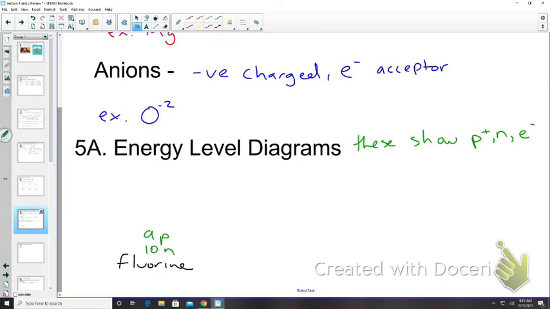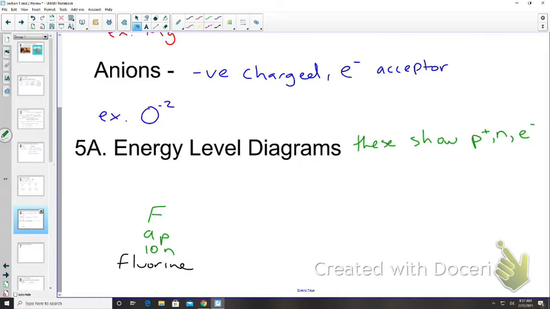And I don't care what order you guys do these in. Whether you do protons first or neutrons first, it doesn't matter. Okay, then we're going to have our symbol of F, fluorine. Okay, good. And then in a neutral element of fluorine, if it has 9 protons, how many electrons will it have, Tanner?